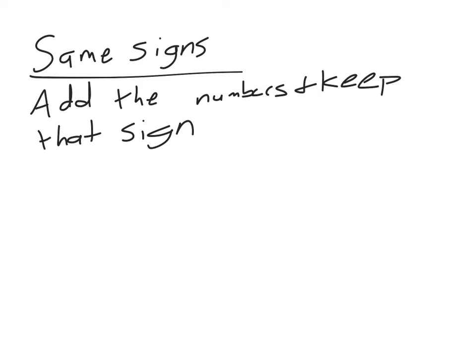So when I look at two different numbers and they have the same sign, and I'm told to add them, right? This is only when we're adding or subtracting. That's the only time we use these rules, for adding and subtracting. If they are being added and they have the same signs, I add the numbers and I keep that sign.